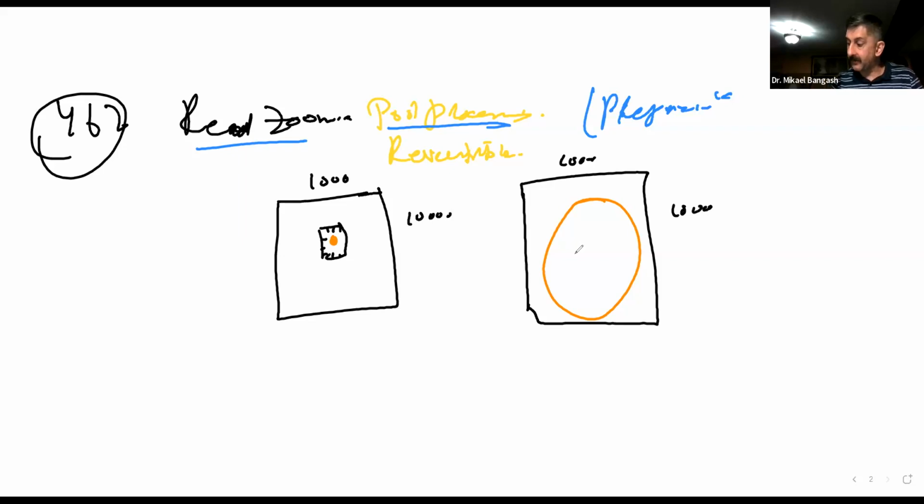The same number of ultrasound pulses are used to create the original region of interest and the zoom image. Yes, because as we said here, this is equal to this is equal to this.